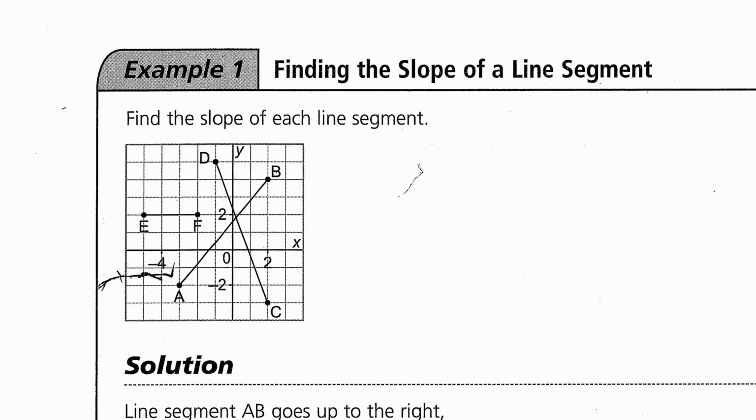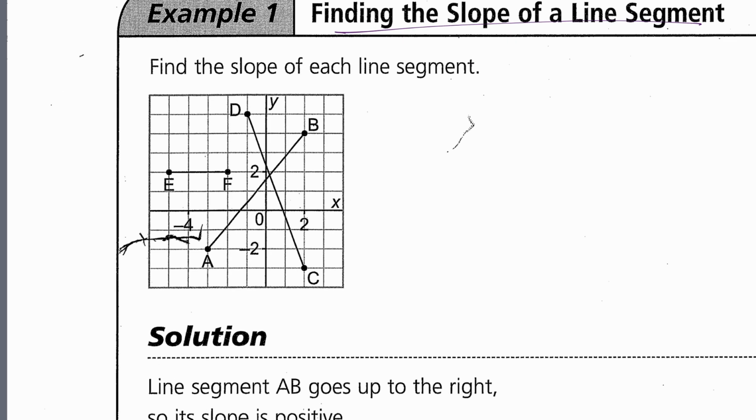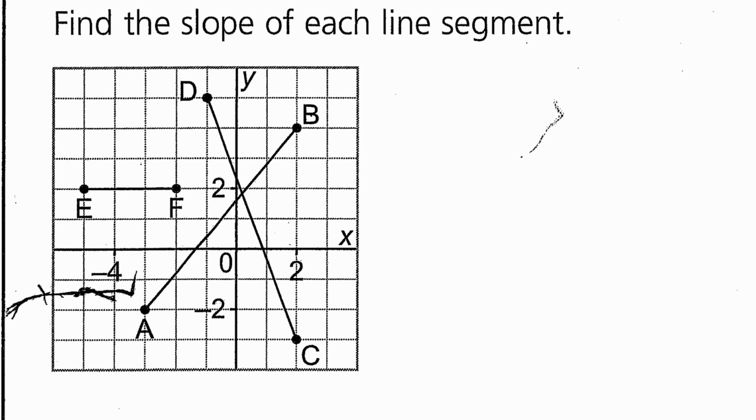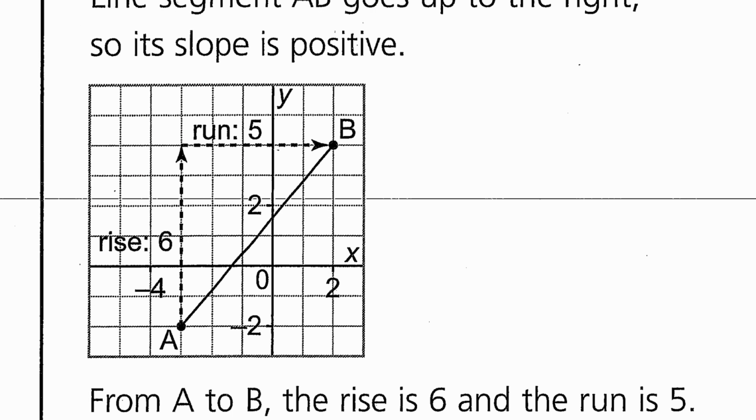So look at the first example, finding the slope of a line segment. So here you have 3 different line segments. The first line segment AB. So here you can see the line segment AB alone in this grid, and this is my first point, this is my final point.